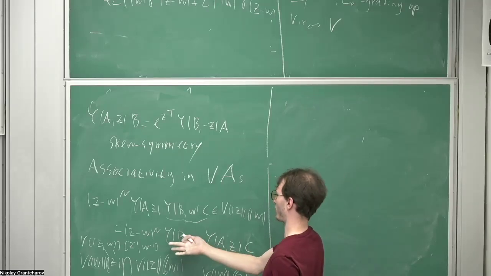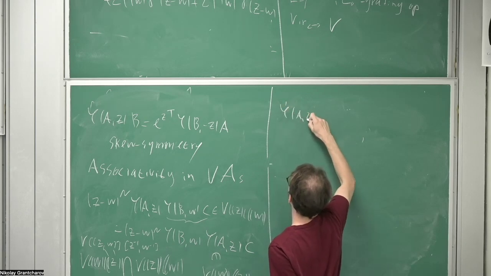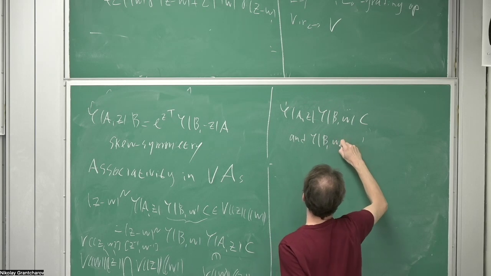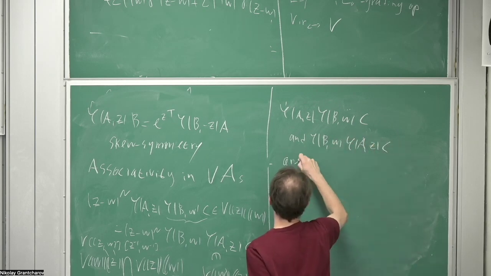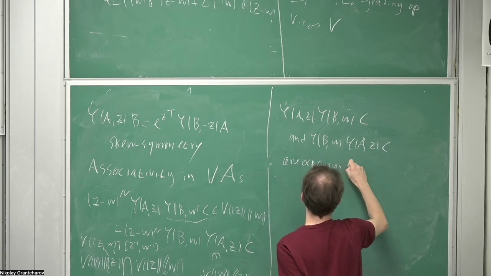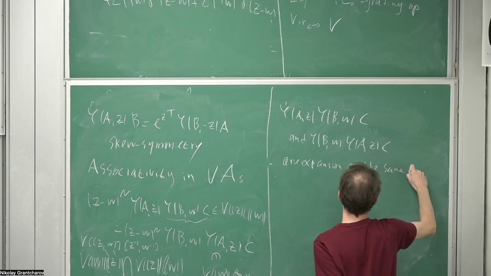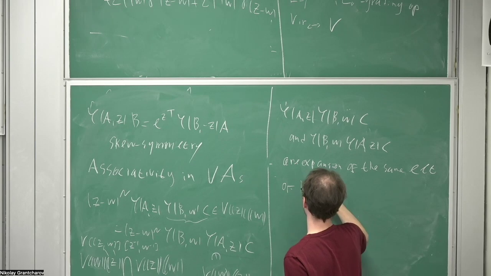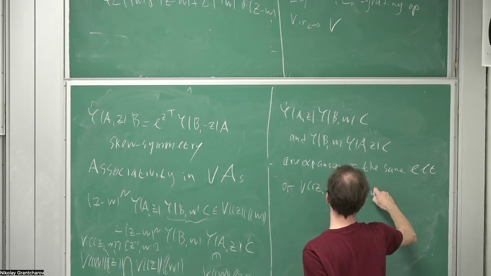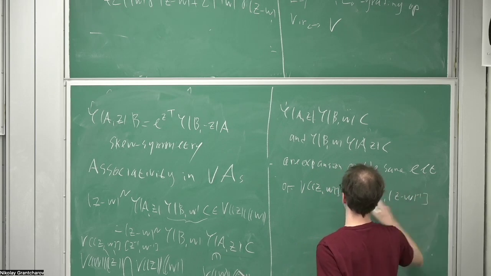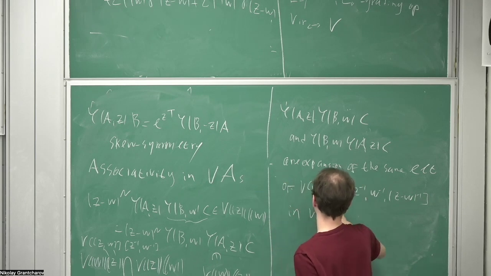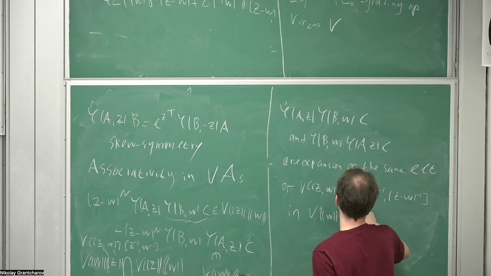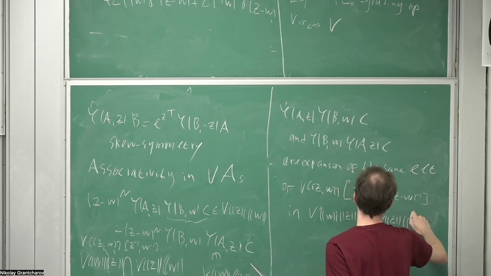So a direct consequence of the locality axiom is that Y(a,z)Y(b,w)c, Y(b,w)Y(a,z)c, and Y(Y(a,z-w)b,w)c are expansions of the same element of V[[z,w]] localized in z, w, and z minus w, in the corresponding rings where they live.